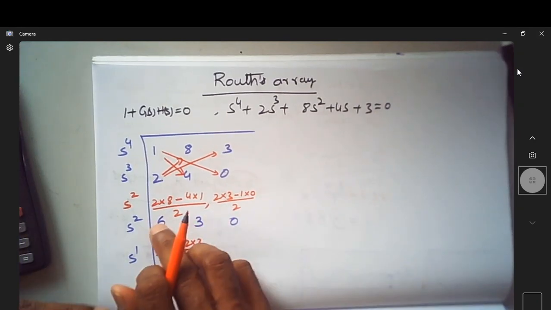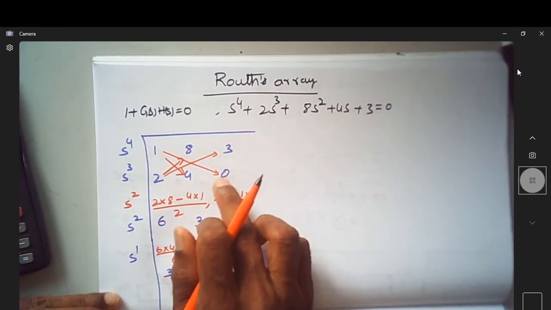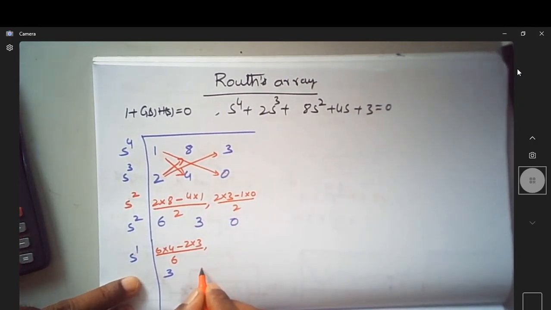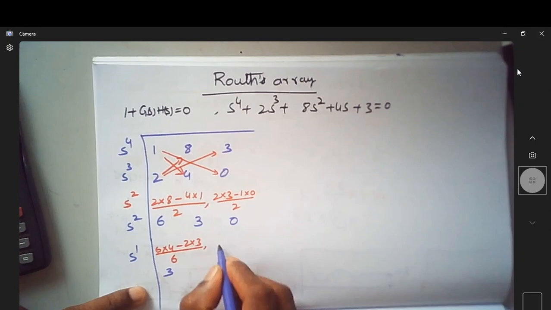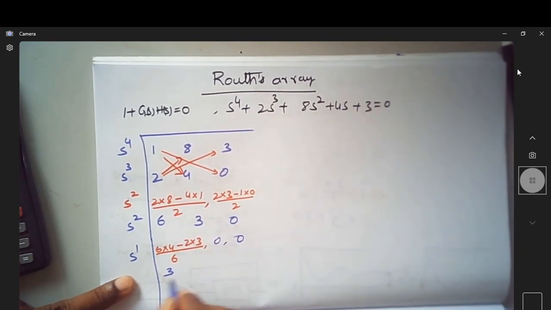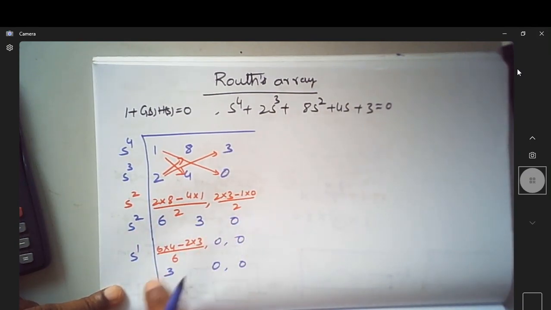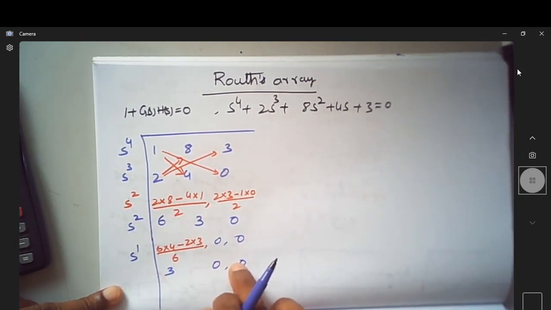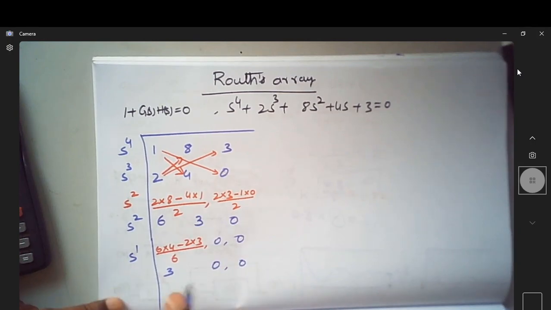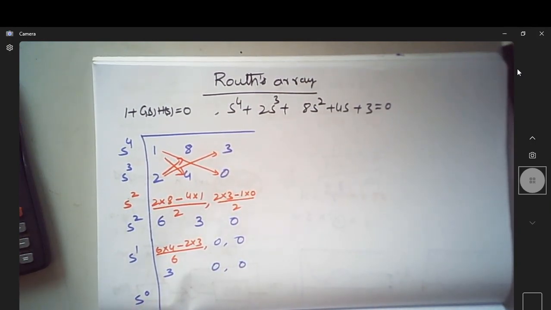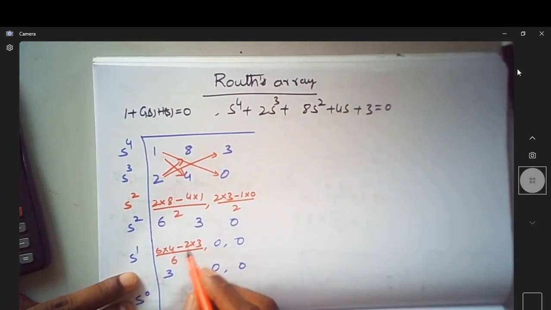And then we have 6 into 0 minus 2 into 0 by 0, so that is actually 0 only. So this is now 0 and this is 0. Sorry, this is for S square, and this is for S power 1. Next it is S power 0. What is this now?